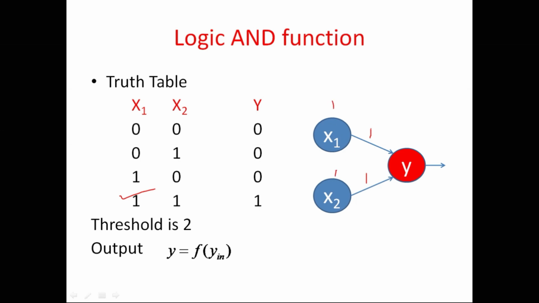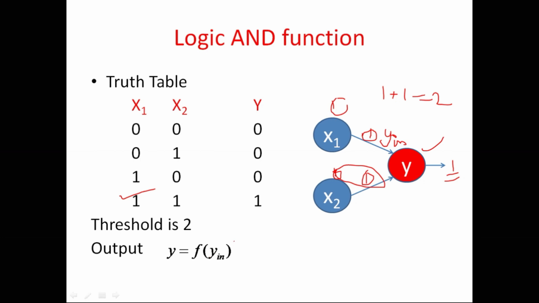I am checking the net input, or you can call it the induced local field. So this value should be y_in. y_in is equal to the multiplication of these two, plus the multiplication of these two. As you can recollect from the previous chapter, the multiplication of these two will come as 1, and the multiplication of these two will come as 1. So finally it will be 2. So my output has to be shown as 1.